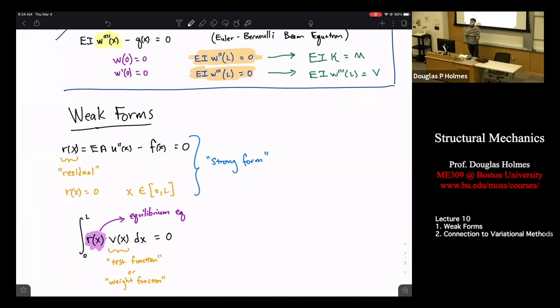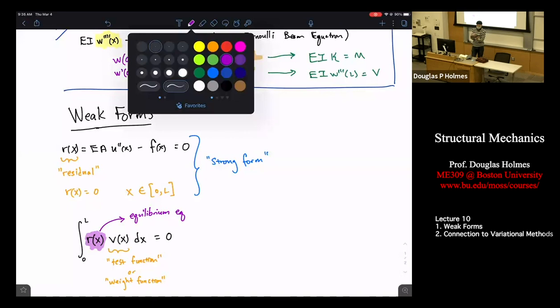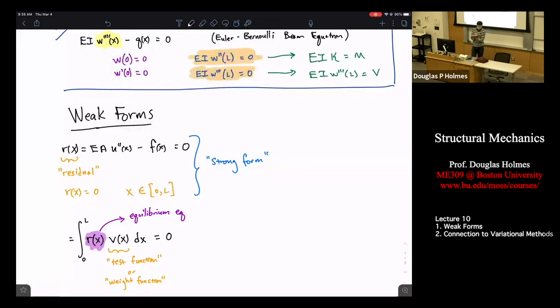You put that equation that you got from your variational work, multiply it by a test function, and then integrate over that and let that total integral be equal to 0. This quantity here, this integral, is called J.